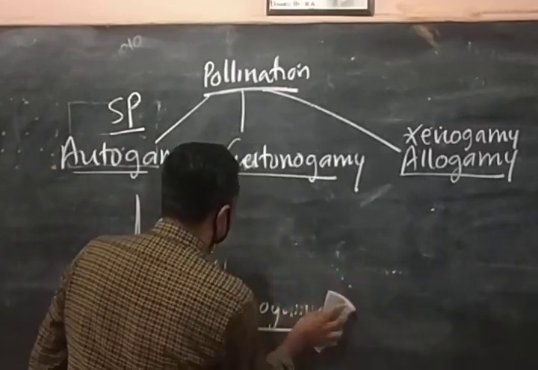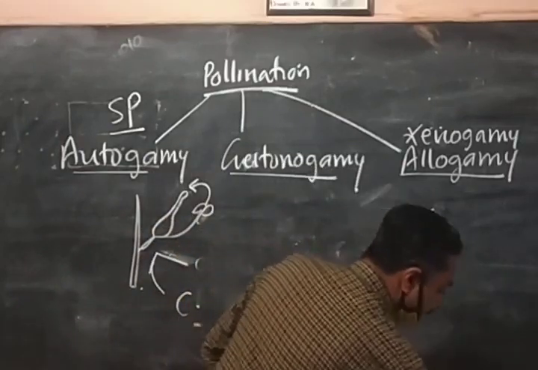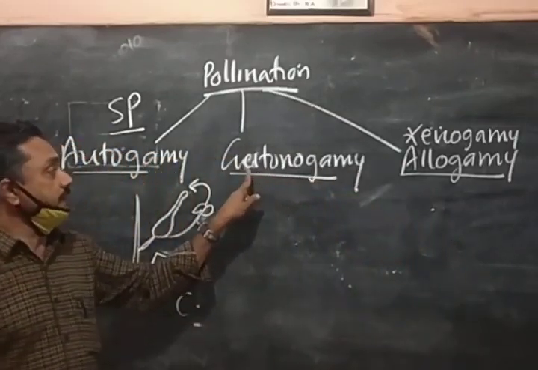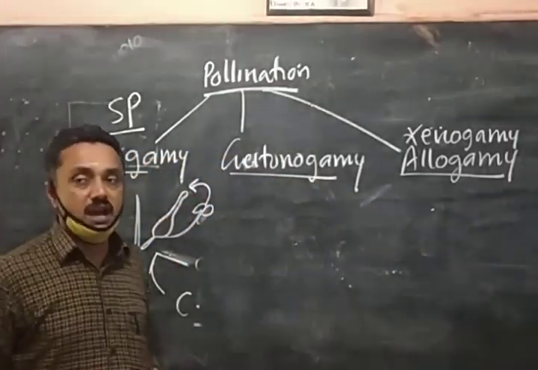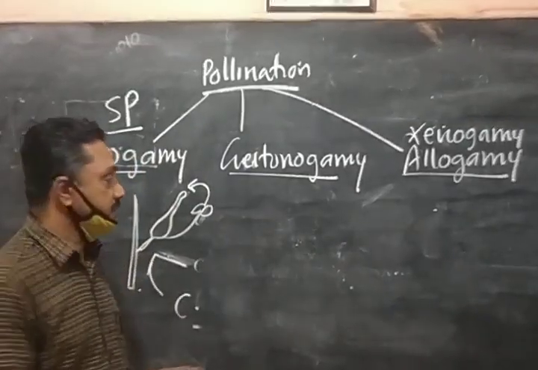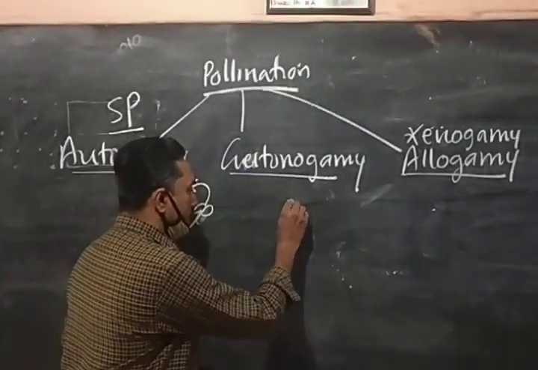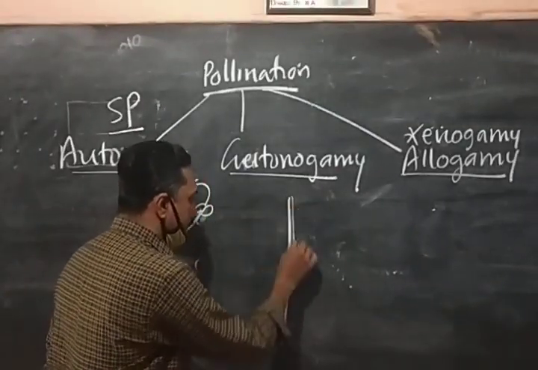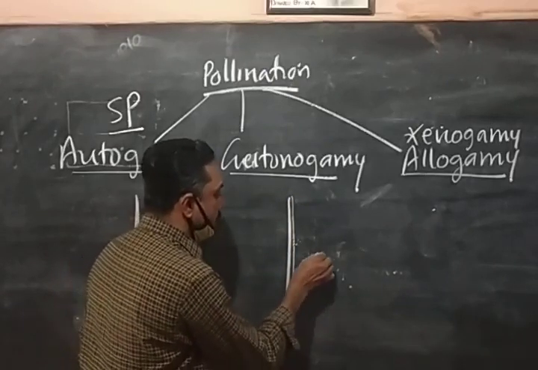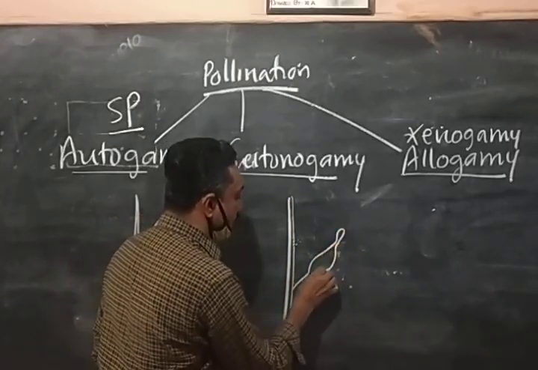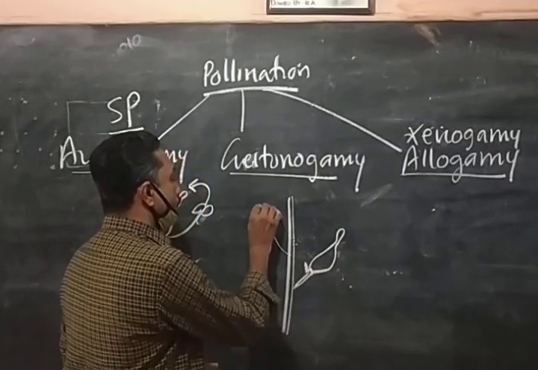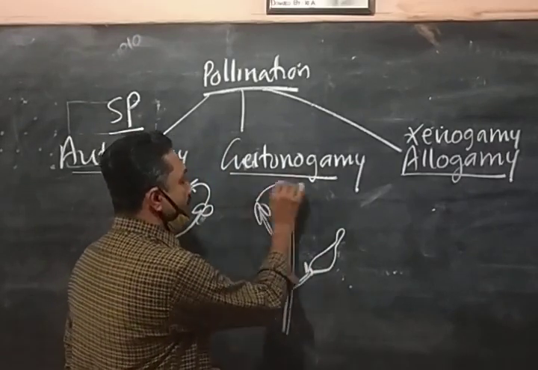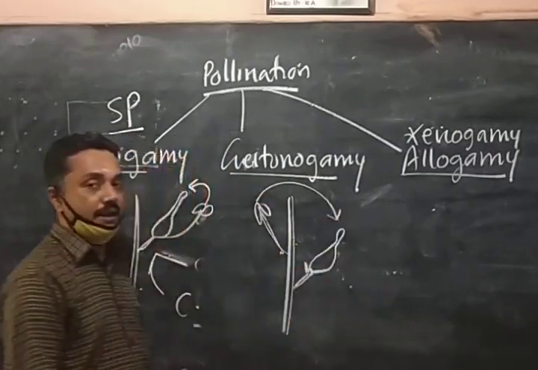Then the second one, geitonogamy. It is the pollination between neighboring flowers. It is the transfer of pollen grain from one flower to another flower of the same plant.